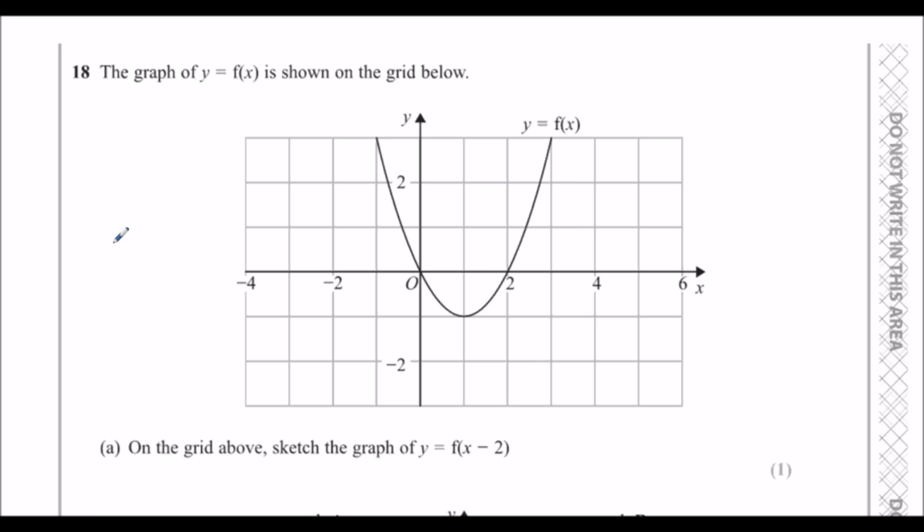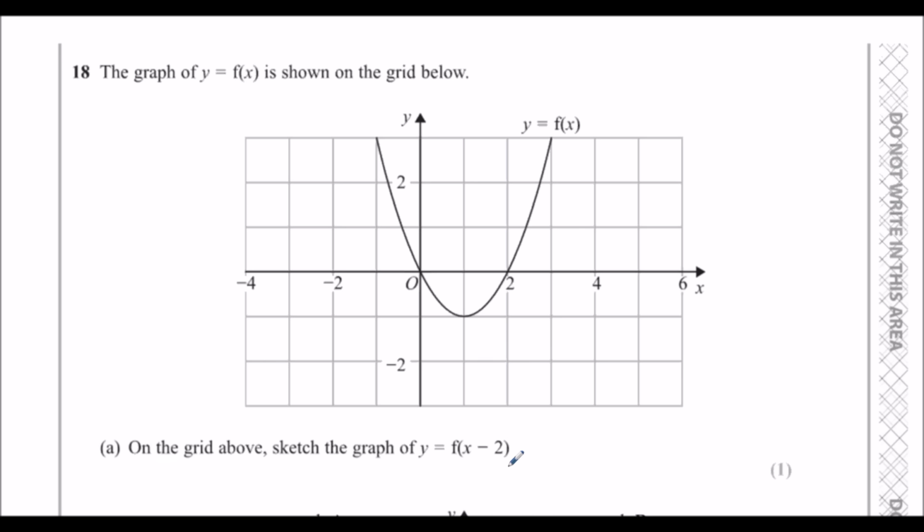Question 18. The graph of y equals f of x is shown on the grid. And they want us to sketch the graph of y equals f of x minus 2. So when we've got a change inside the bracket, it does the opposite to what it's told. So it's saying minus 2.